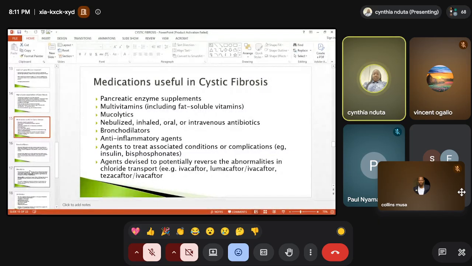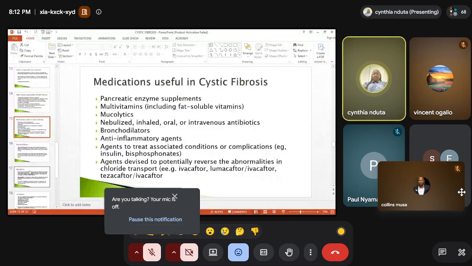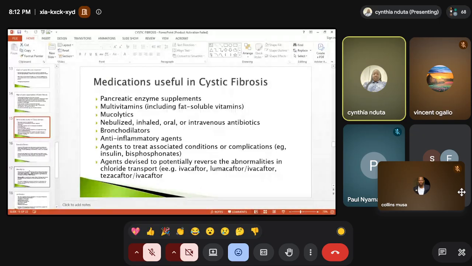You need multivitamins. You need mucolytics to break down the mucus. You need your antibiotics. Remember, we said how the chances of infection are high. You need your bronchodilators. You need your anti-inflammatory agents.